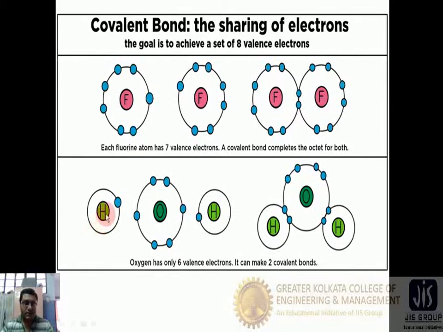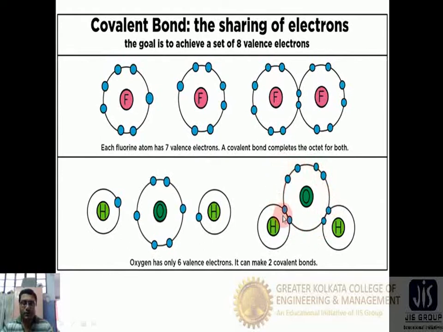So we can see another example. It is the water molecule, H2O. Here we can see 2 hydrogen atoms with 1 electron each, and they share 1 electron each with the oxygen. So the outer shell of each hydrogen becomes 2 and the outer shell of the oxygen reaches 8 electrons.